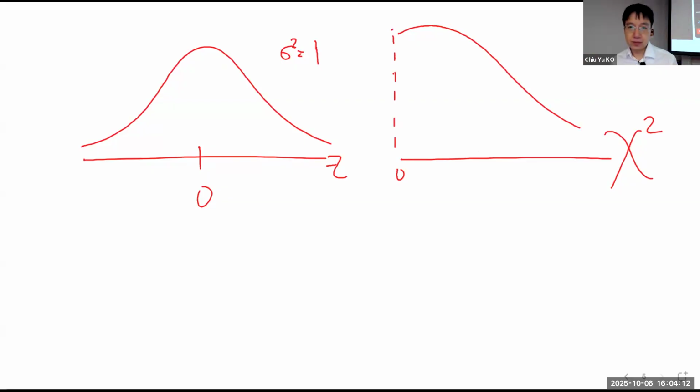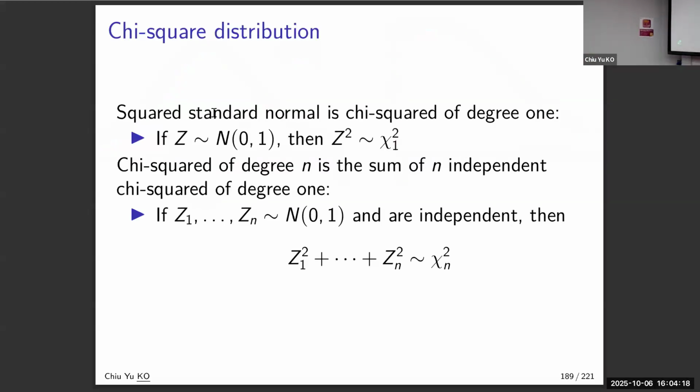And probably you ask why we care about x squared, right? Are we crazy? What are we doing? Why do we care about this? Later you will see the chi-square is useful to model variance, because you will later see the sample mean.